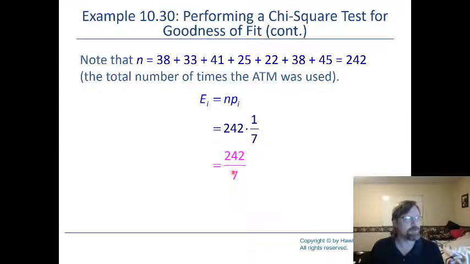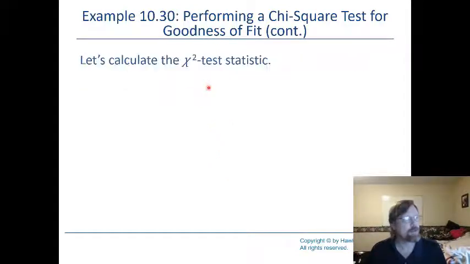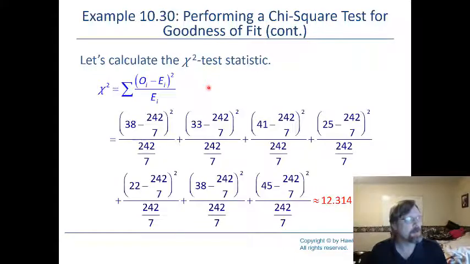So 242 over 7. That would give us the estimated value. So it's just taking the number that actually did use the ATM and distributing that evenly over the week. So let's calculate the chi-squared. We've got 38. So expected value.